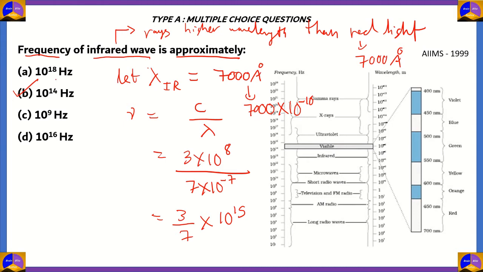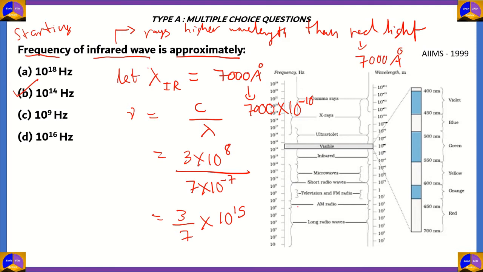So if we look at 10 raised to 18, that is somewhere in the middle, and we're asking about the starting frequency of the infrared wave. 10 raised to 9 means that you have dropped further.